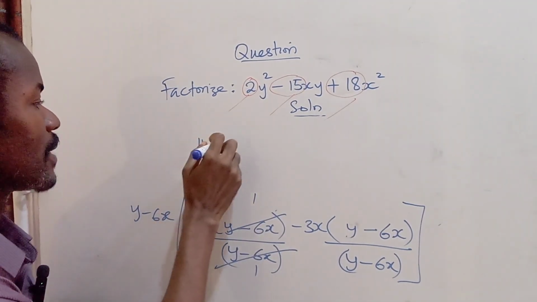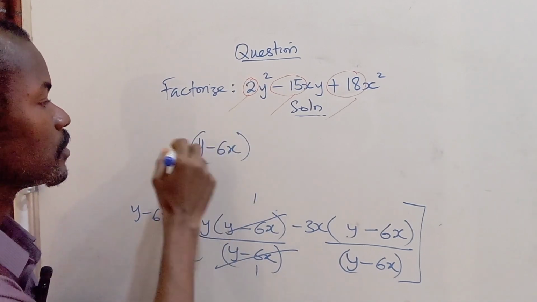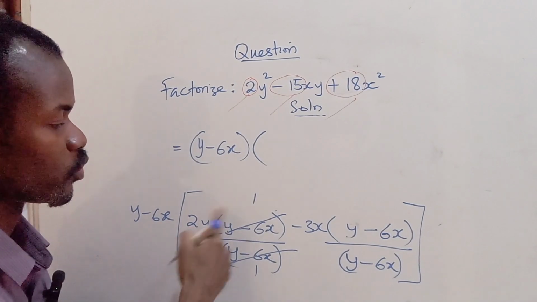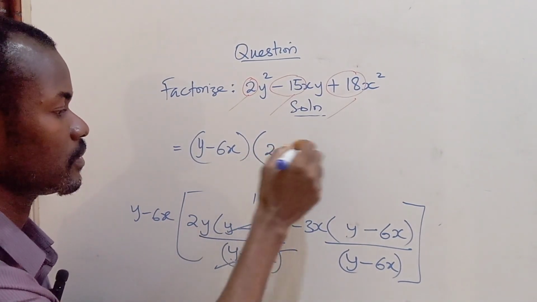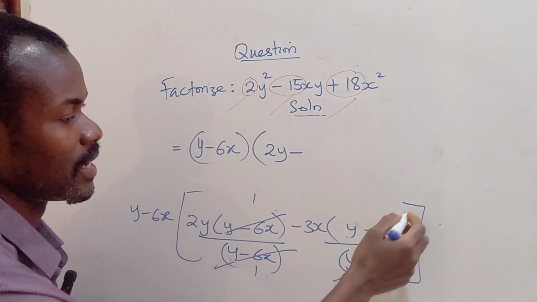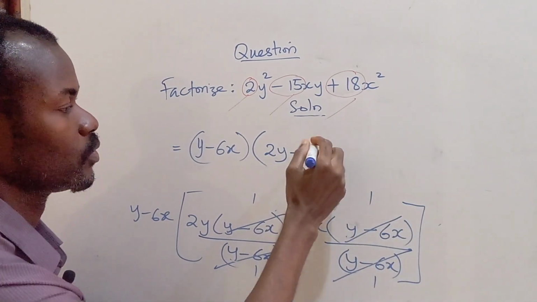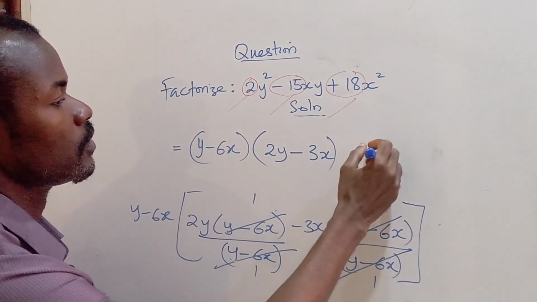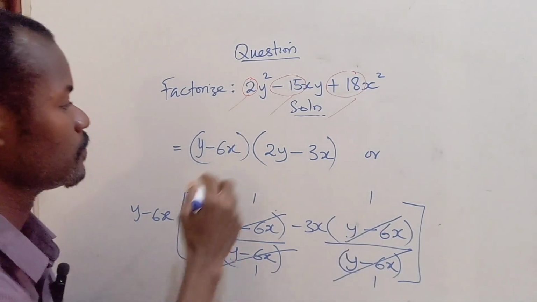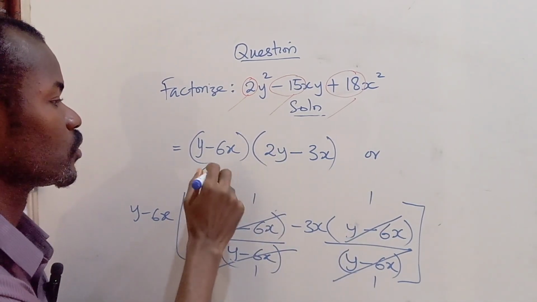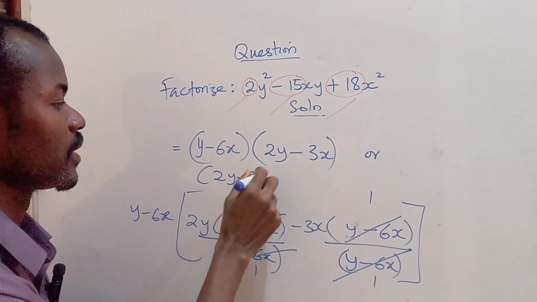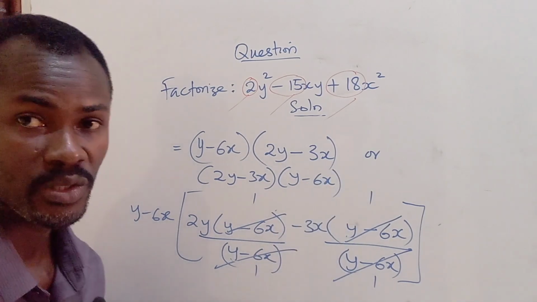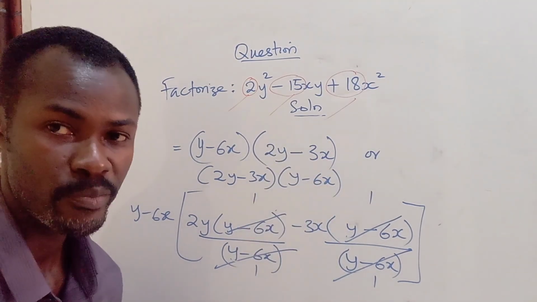So we have y minus 6x into, we are left with just 2y here, minus, this will cancel out, this is 1, 1, so we are left with 3x. So 2y minus 3x multiplied by y minus 6x gives us the solution to this problem.